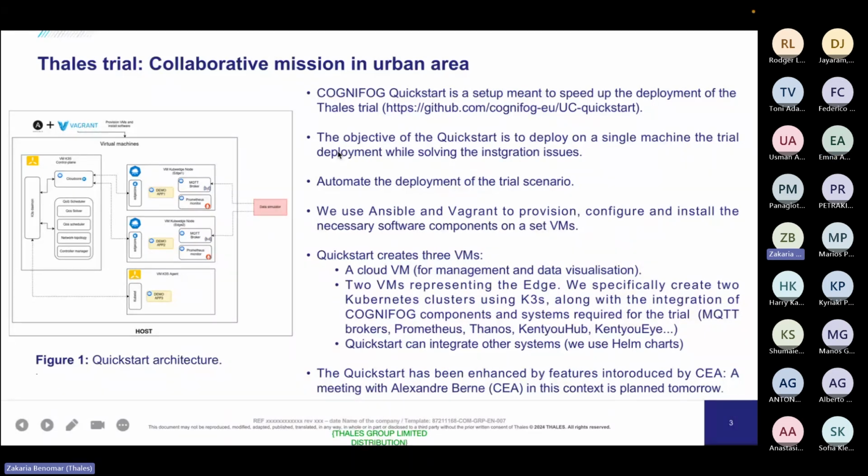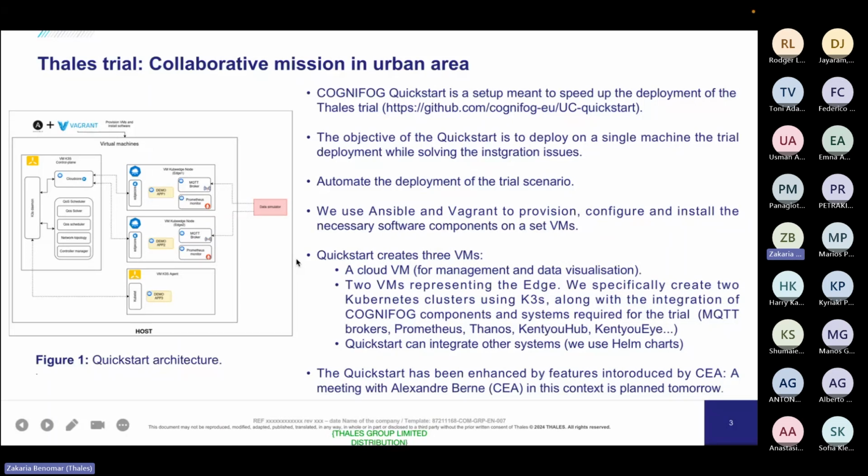We also expect to use video flows created by an emulator called Gazebo that creates video flows coming from drones. The idea is to automate the deployment, speed up the tests, and solve the issues that we may face.